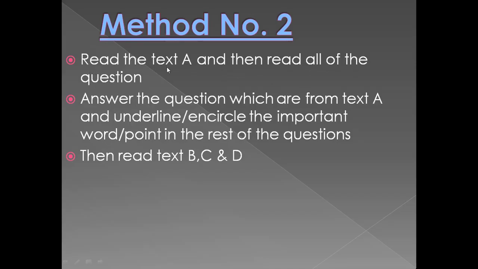Just read only text A, don't read B, C or D. Read text A and then read all of the questions, then answer the questions which are from text A, and underline or encircle the important word or point in the rest of the questions, and then you will search for that important word or point in the rest of the texts, that is text B, text C and text D. So guys, you can also improve your part A in reading with this strategy as well.